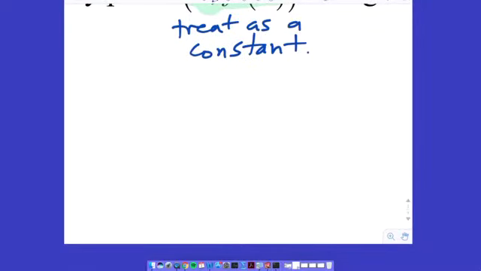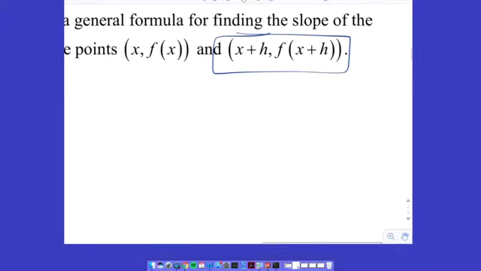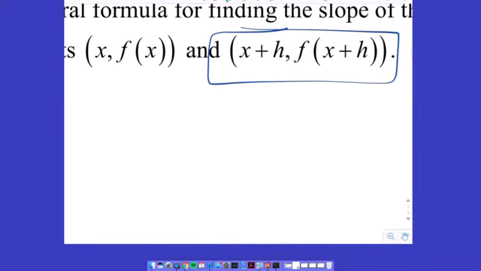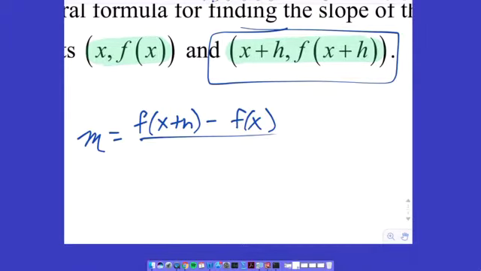Let me show the points. There you go. Let's do it right here. So here are the 2 points. Instead of 1, f of 1, and 1 plus h, f of 1 plus h, we're going to replace 1 with x. This is getting more general, okay? So now the slope of the secant line is going to be the change in the y values, f of x plus h, minus f of x, all over what?